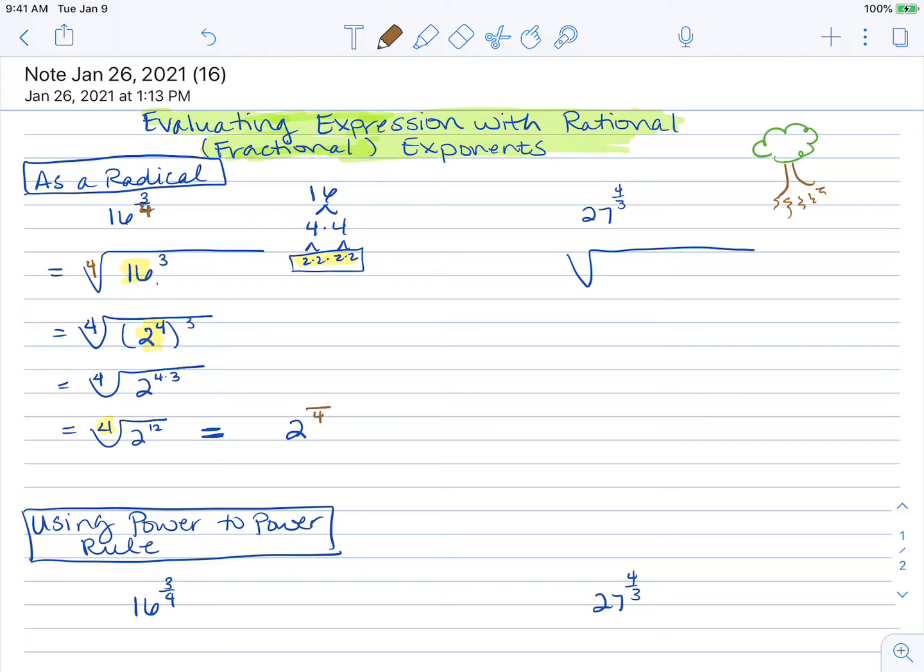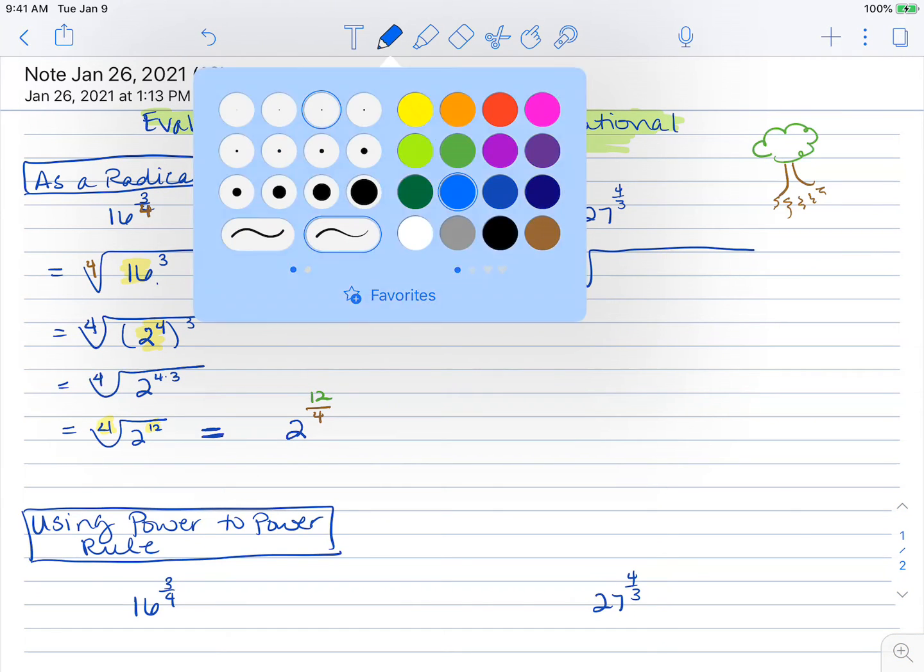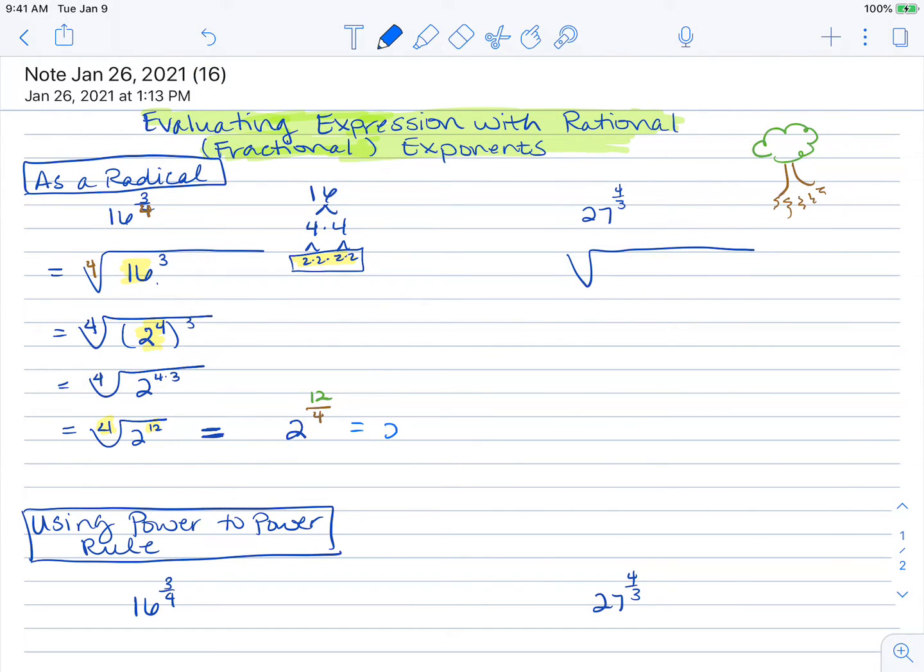And then my power is 12, so I'm going to put that right here in the numerator. And I can do my division and say 12 divided by 4, well, that's going to be 3. And 2 to the third is 2 times 2 times 2, which is 8. So that's how I can do that one.